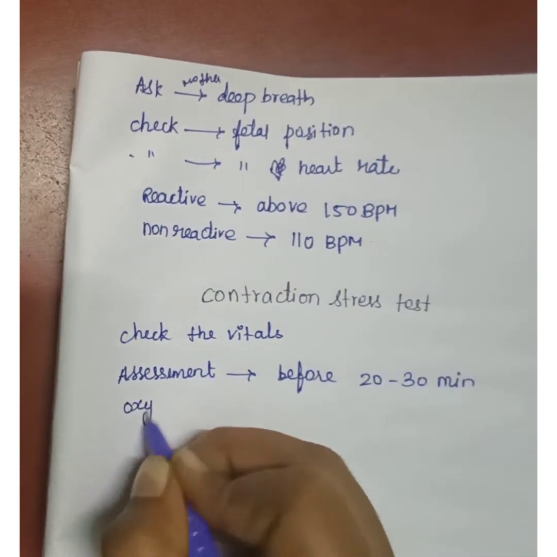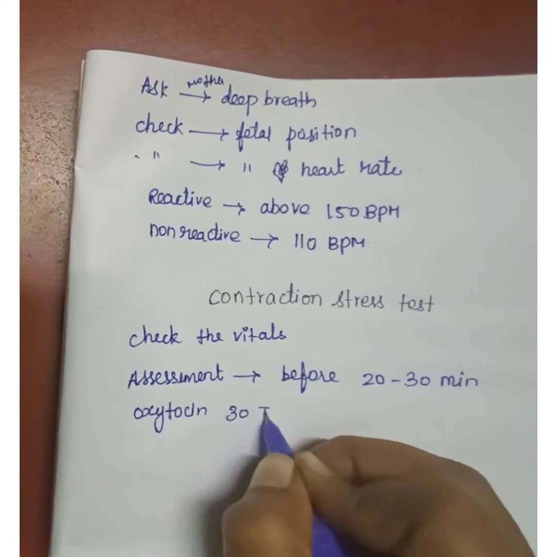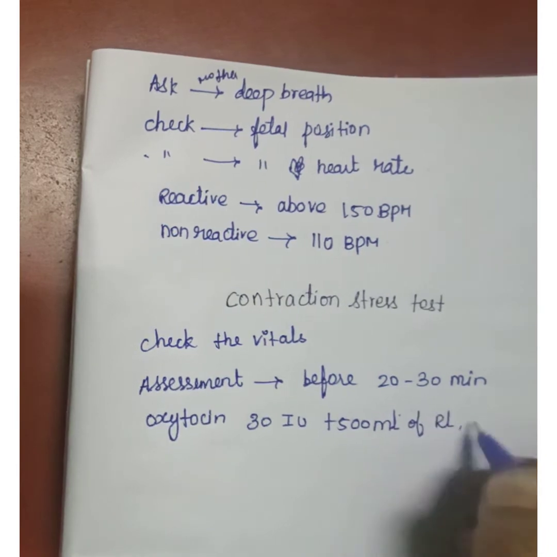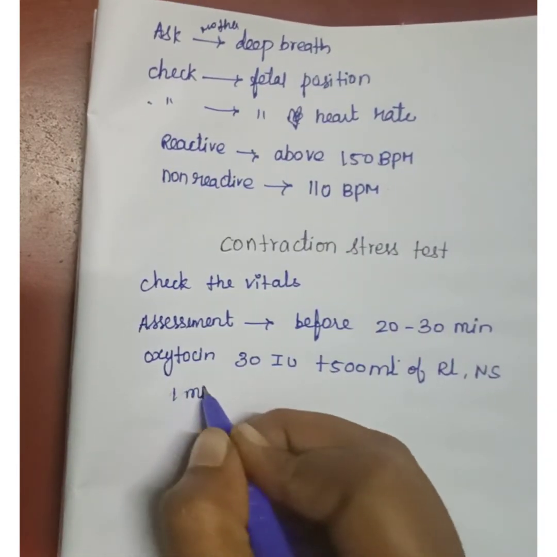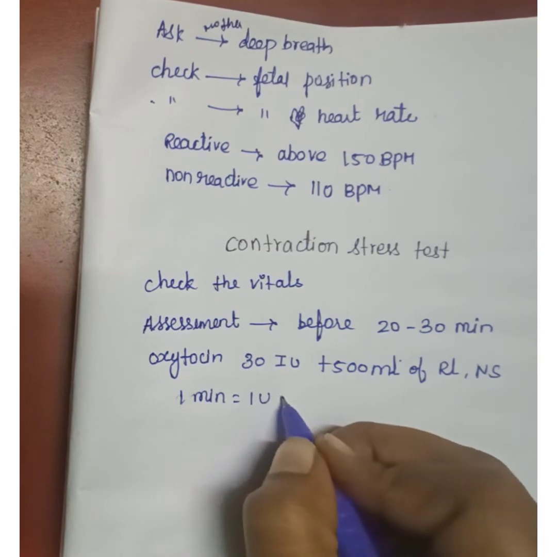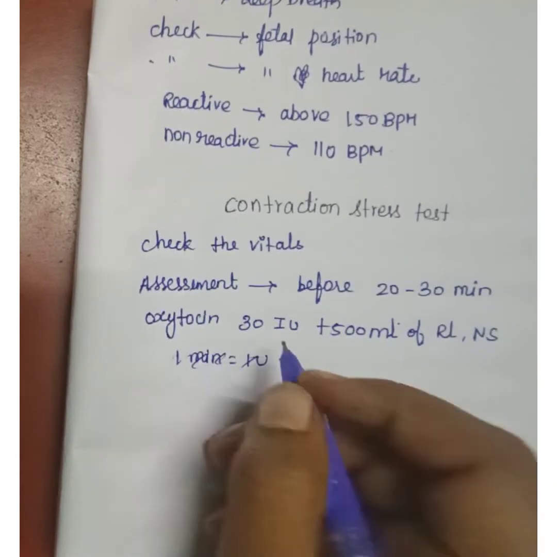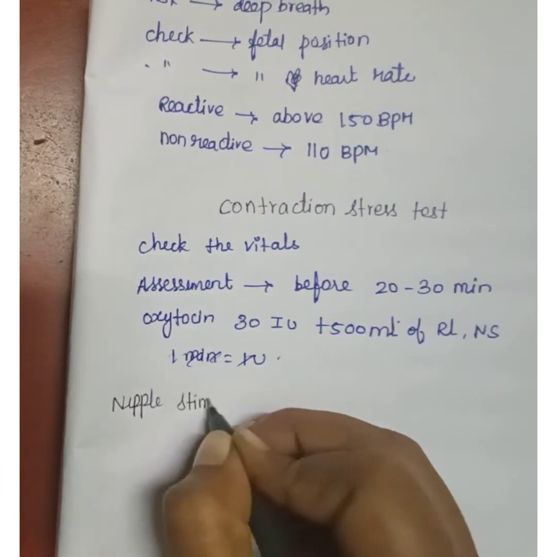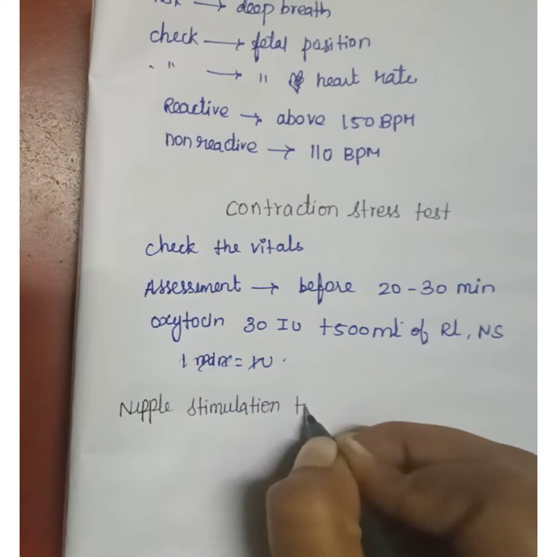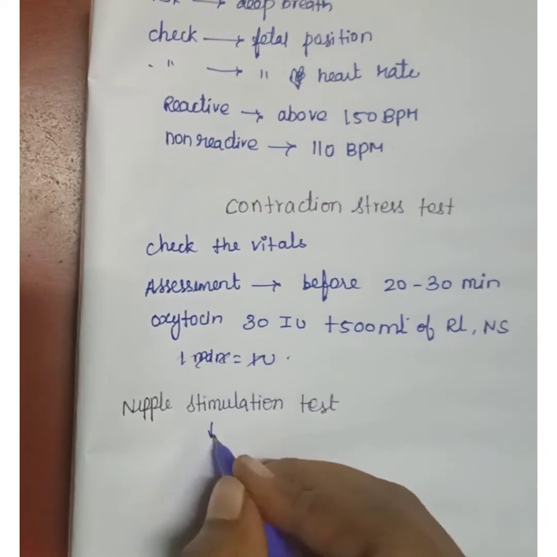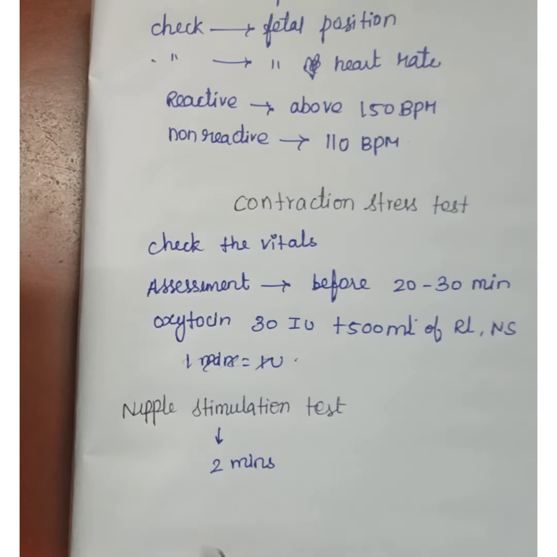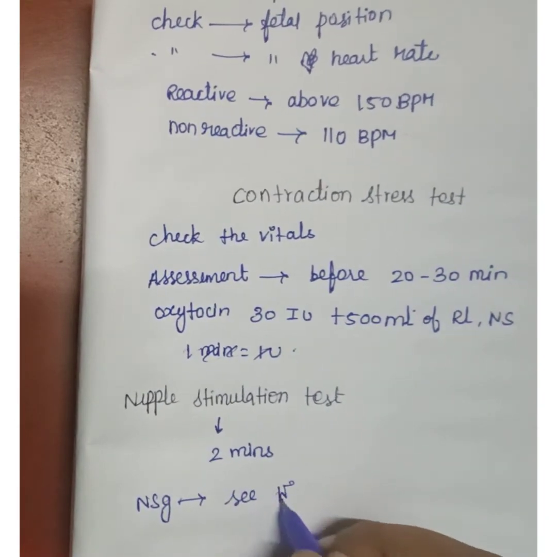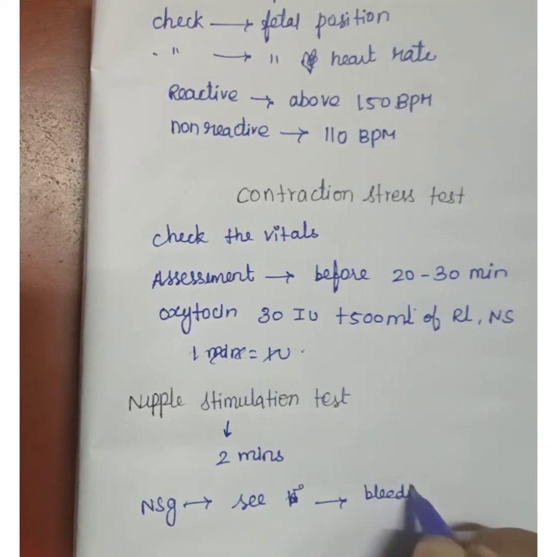Oxytocin 30 international units plus 500 ml of normal saline. Next is the nipple stimulation test, which is done for 2 minutes. Nursing role is to see whether the patient has any bleeding and note down the procedure.